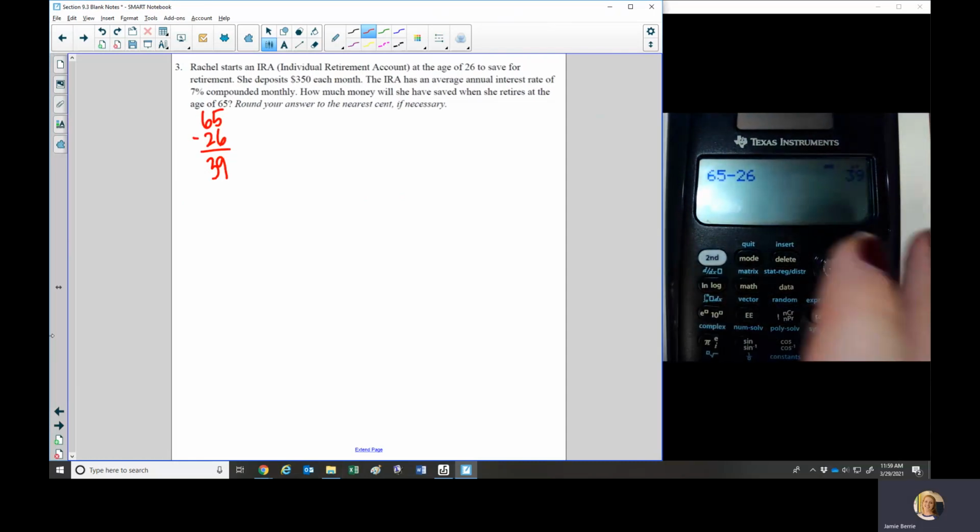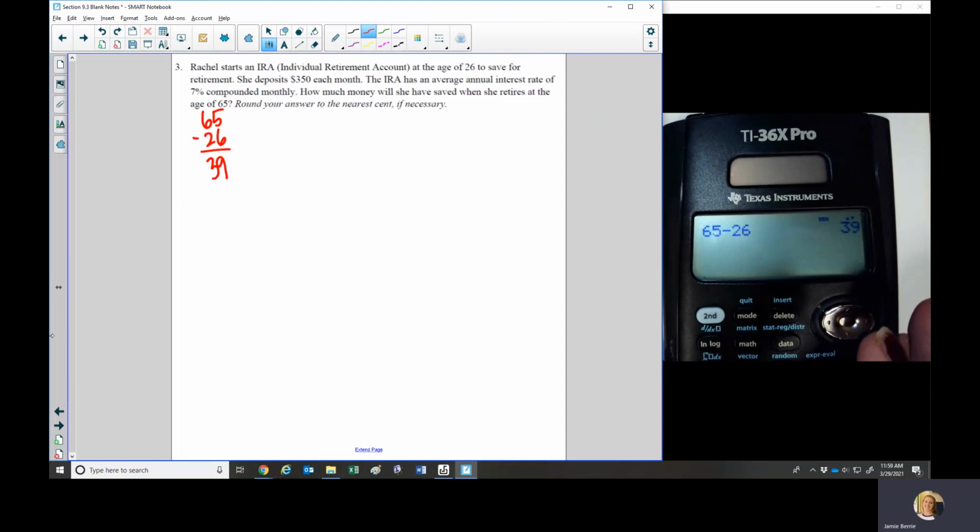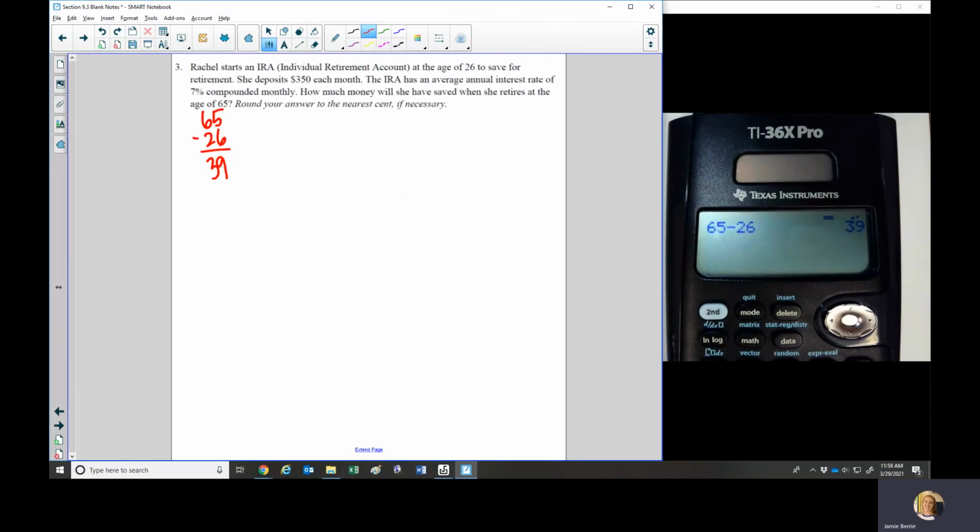Okay, so she has been saving for 39 years whenever she retires. So we're trying to figure out if she makes these regular payments of $350 a month into her IRA, how much is she going to have saved in the future after she's worked for 39 years? So we're going to use our future value formula, which is very complicated, so we want to be careful writing it down.